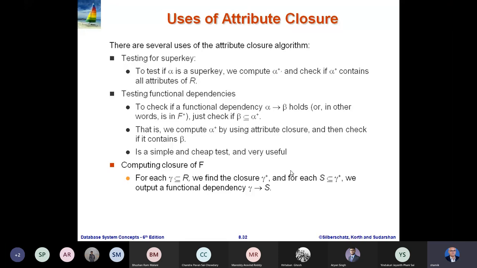For each gamma which is a subset of R, we can find the closure gamma plus, and for each S which is a subset of gamma plus, we output the functional dependency gamma functionally determines S. From there, of course, you get all those FDs which are in the closure of the given set of FDs, capital F. That means all these alpha plus will be in your F plus. So you can compute F plus by computing alpha plus for individual sets of attributes of the schema R.